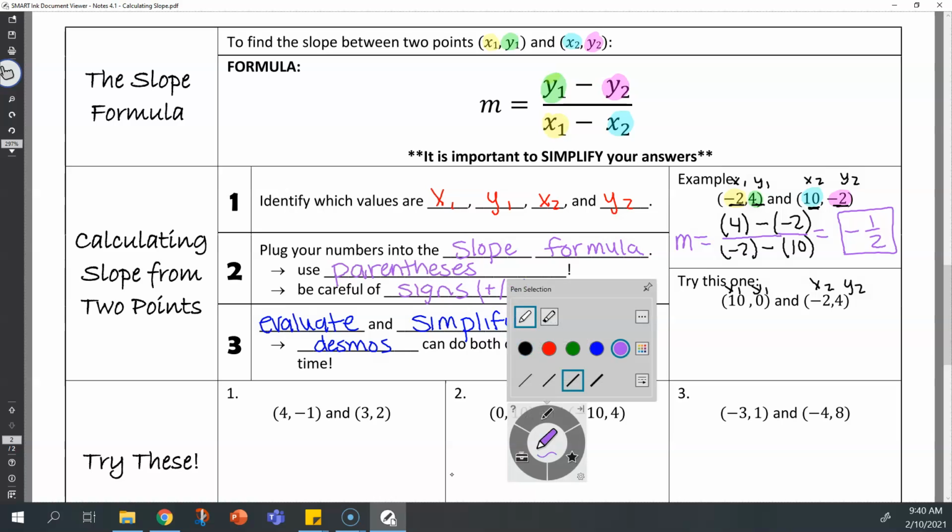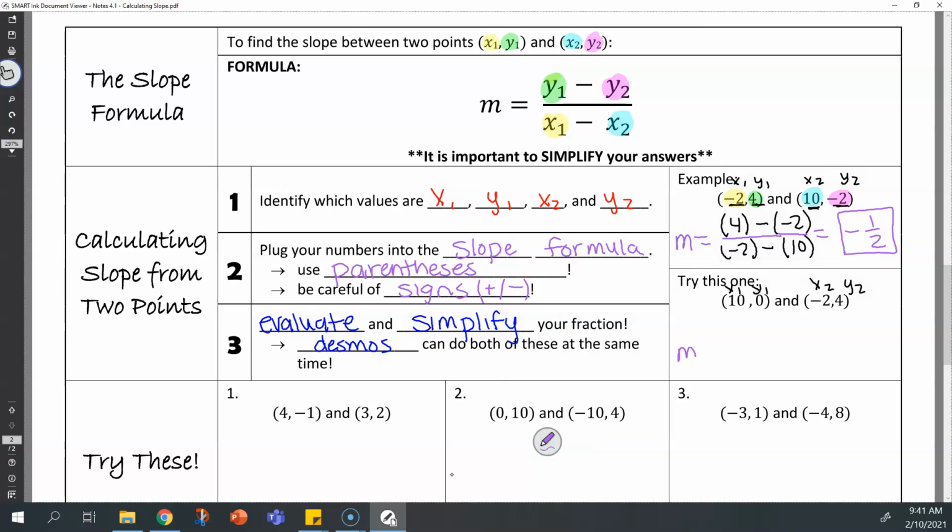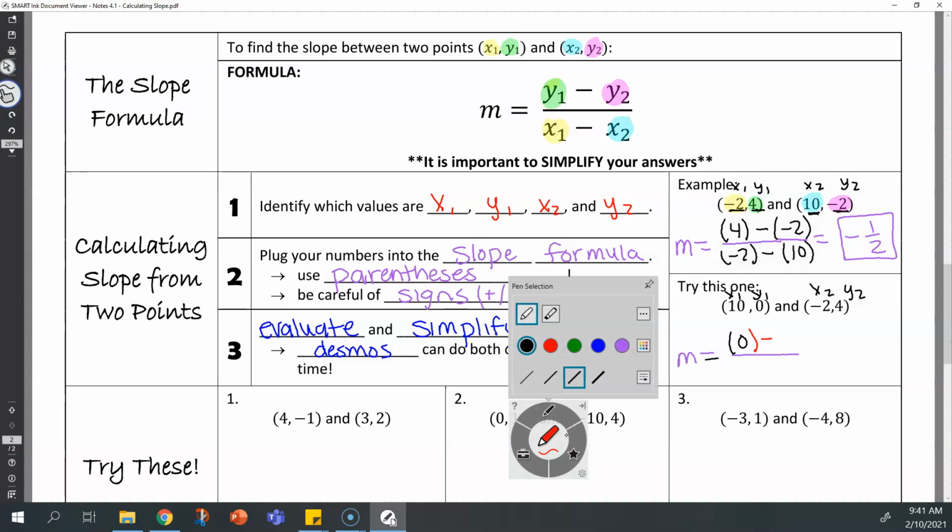Again, I'm going to set up my equation. M equals y1 is on the top, so I'm going to use y1, which is 0, minus y2 is 4.